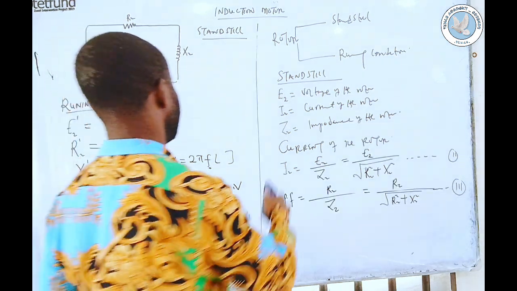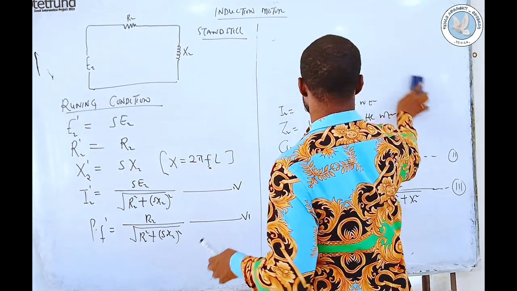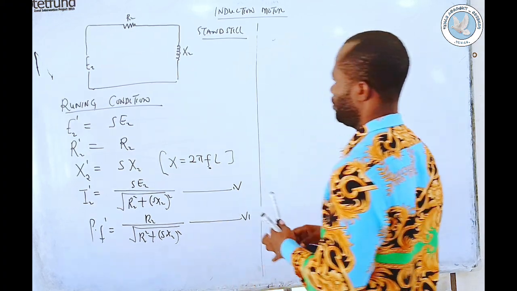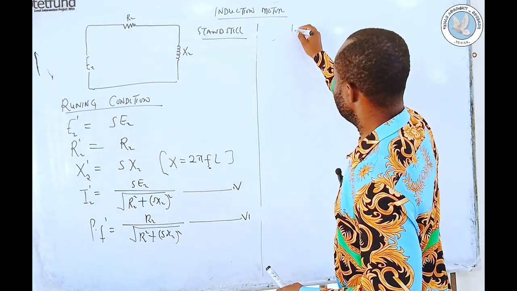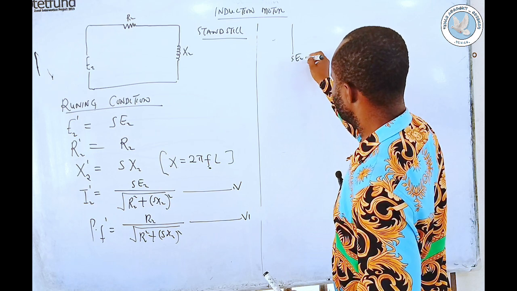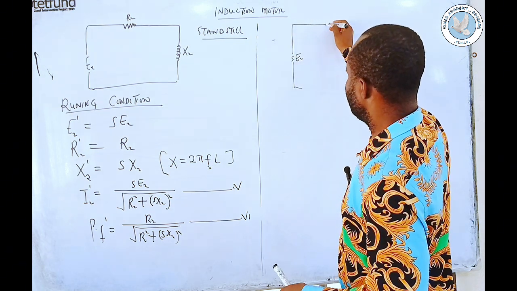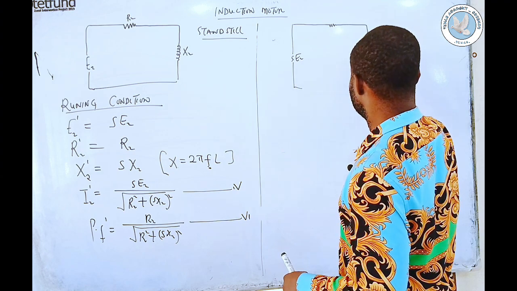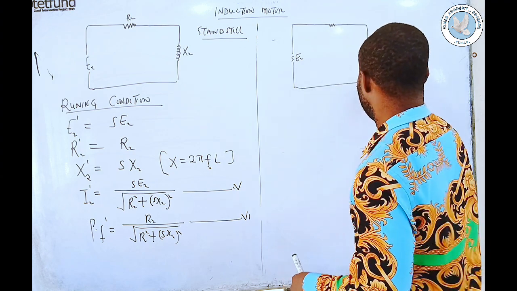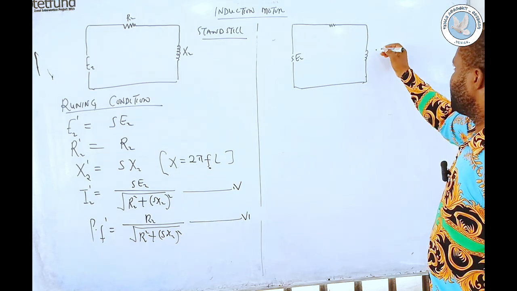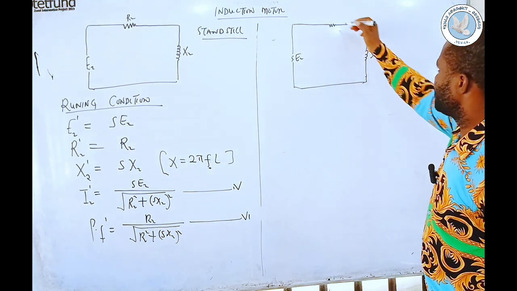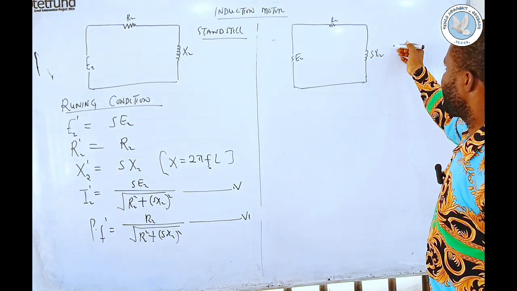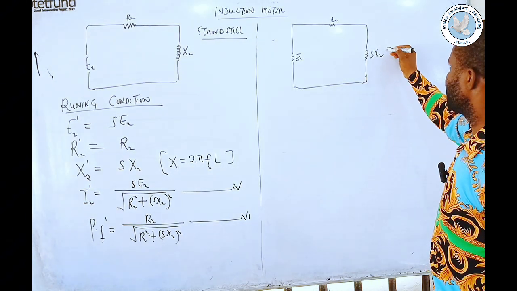At this point we also look at the circuit diagram, so we can represent this as the voltage, this and also this. So this is going to be this and also this.